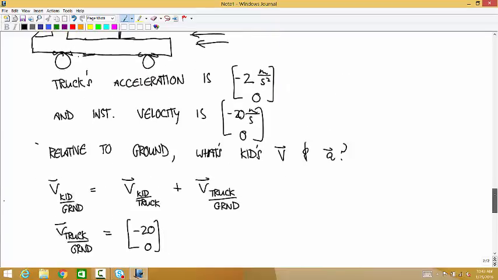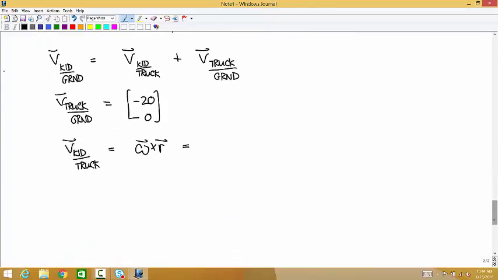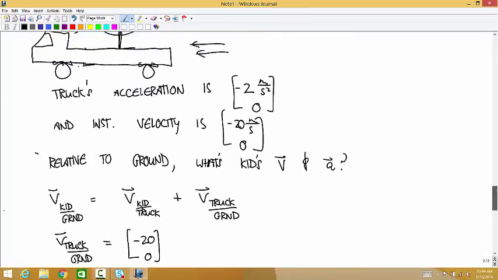So we have to be able to come up with the fact that omega is 1 radian per second moving in the negative z direction. That's the axis of rotation according to the right-hand rule. So 0, 0, negative 1 crossed with, what's the r vector here?